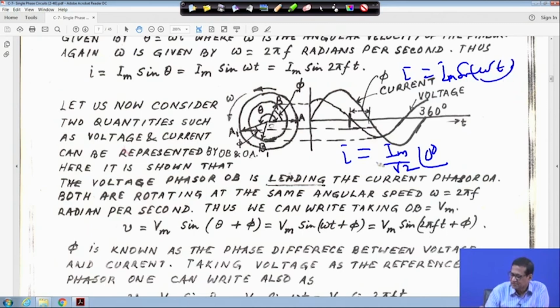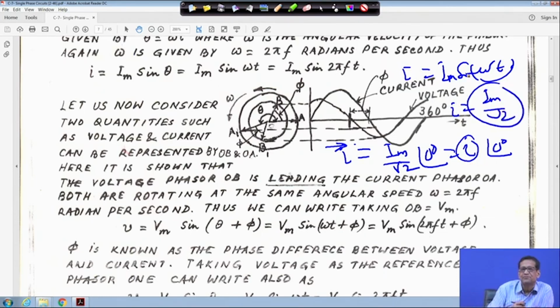Whenever we write such things, we write I is equal to Im by root 2 angle 0, and initially I made an arrow here to represent the phasor quantity, but we can write it as I angle 0 degree. No arrow here means this is the magnitude, and it is the RMS value, as we have seen before, and its angle is 0 degree. Sometimes we write small i or capital I, it does not matter.